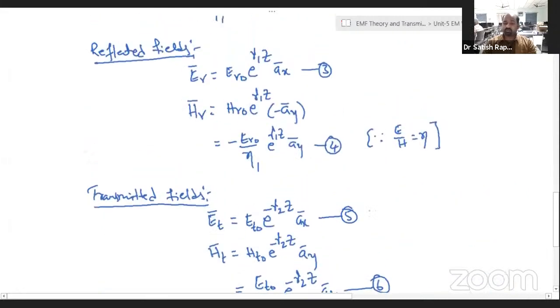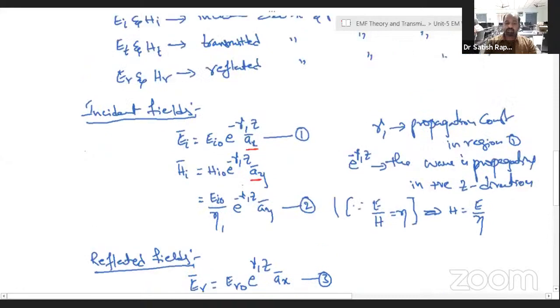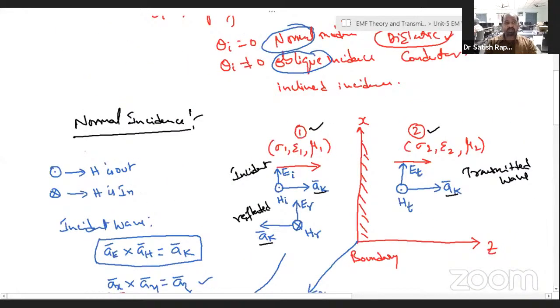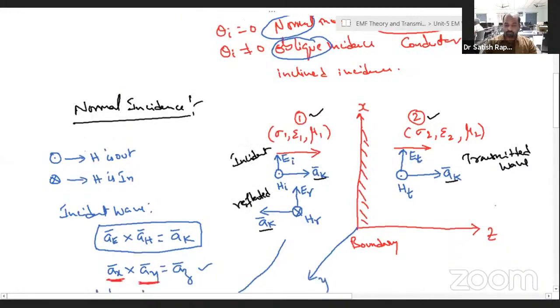Here in the figure we can see, region 1 contains incident and reflected waves, and region 2 contains only transmitted waves, right?